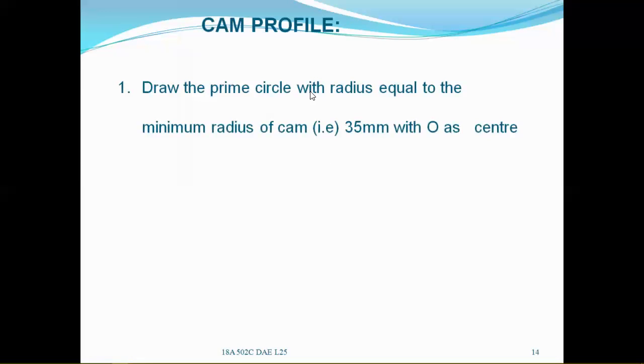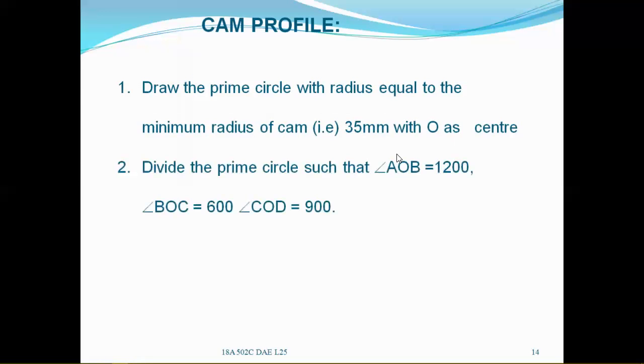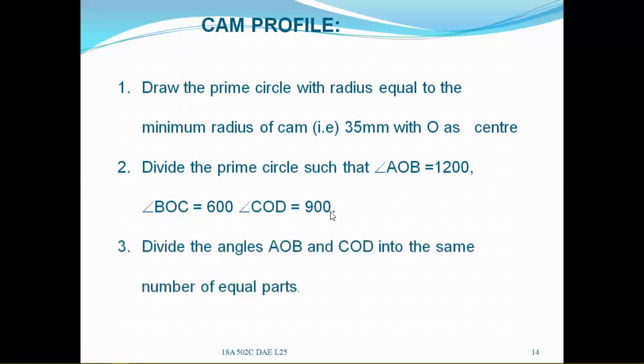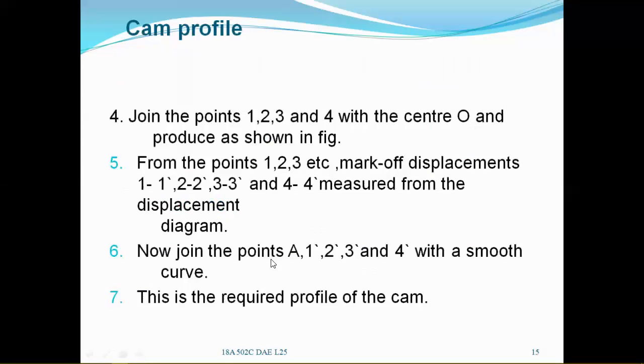Draw the prime circle or base circle with radius equal to the minimum radius of the cam, that is 35 mm, with O as center, and divide the prime circle such that angle AOB is equal to 120 degrees, angle BOC is 60 degrees, and angle COD is 90 degrees. Divide the angles AOB and COD into the same number of equal parts and join the points 1, 2, 3, 4 with the center O and produce them.